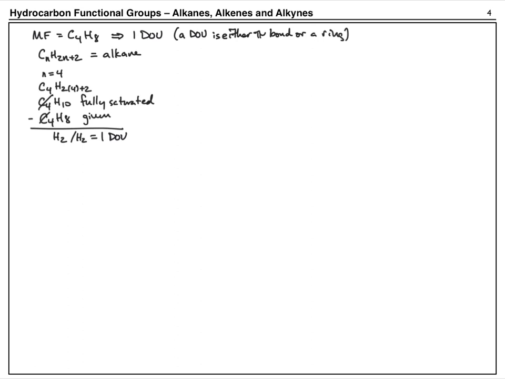And let's do the following. We'll create a couple columns here. Here we're going to say pi bond, and then over here we're going to say ring. So that's going to count for the degree of unsaturation. Since we have 4 carbons, let's start with C4. I'm going to put that in this first row here. So C4.